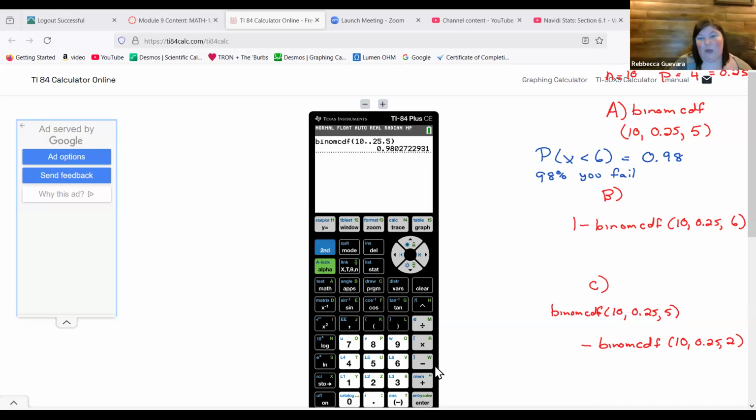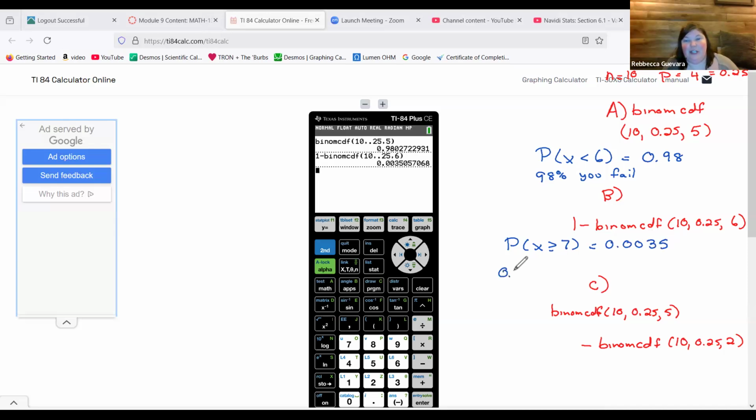So B, we're going to have 1 minus, so we go second vars. We go to binomial CDF again. This time we're going to change this to 6. So this was the probability that we made a 70% or higher, so we had a good passing grade, so we're getting a C, B, or an A. The probability of that happening is 0.0035.